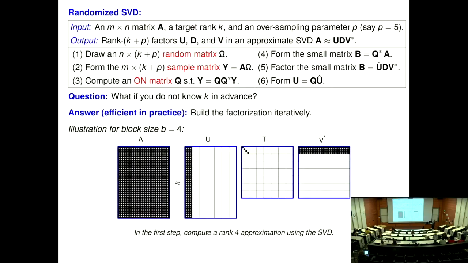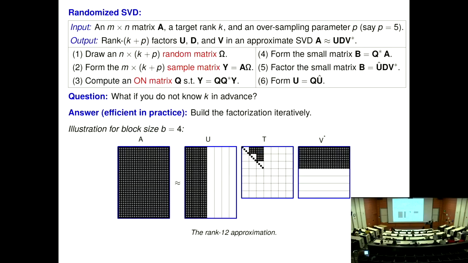So what you can do instead is that you fix some block size, and you do a sequence of randomized SVDs of that fixed block size, so say 25. You process 25 vectors at a time, and you build your basis incrementally, like this. So this has all been worked out. It's very well understood how to run this in an adaptive mode.